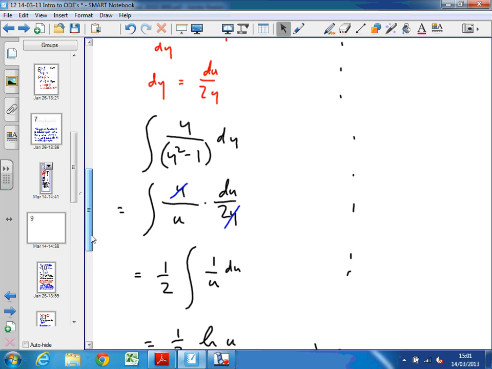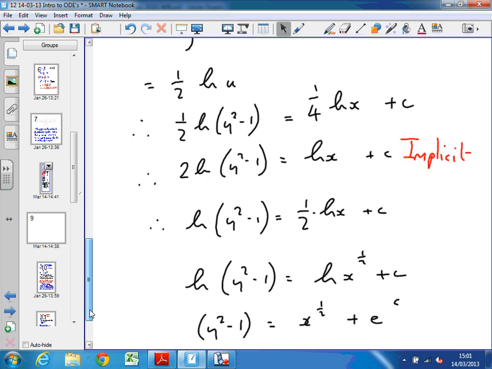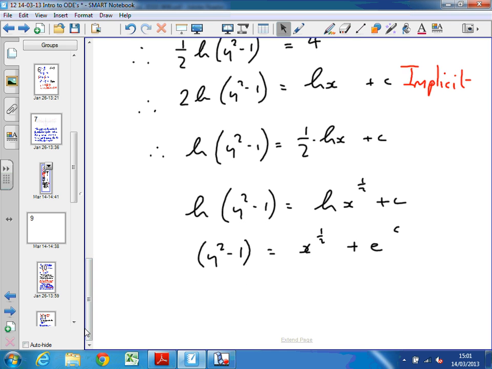And once we've done the integration, we let u be what it was originally, which is y squared minus 1. x to the half is the square root of x, isn't it? So we've got y squared minus 1 equals the square root of x plus some constant.